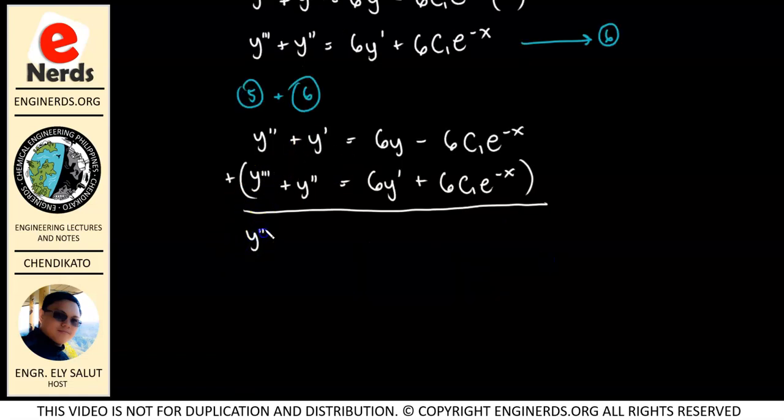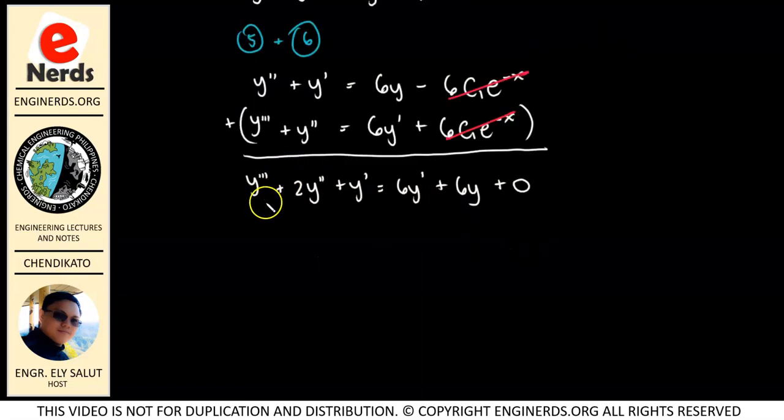So we have y3 prime plus y2 prime plus y2 prime. We have 2 y2 prime. Then meron pa tayong y prime here. So plus y prime is equal to 6y prime plus 6y. And then in here we have minus 6c1e to the negative x plus 6c1e to the negative x. So this will be equal to 0. Right? So meron tayong plus 0 here.